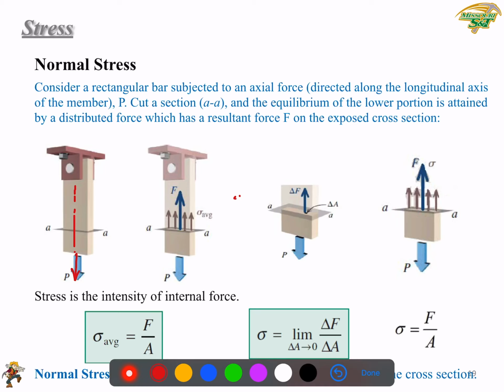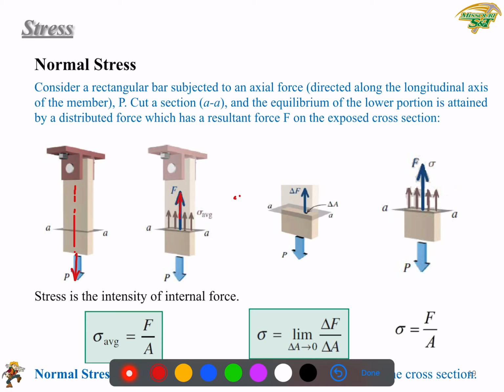Then cut the cross section at AA. The cross section is shown here, and the equilibrium of the lower portion is attained by a distributed force, which has a resultant force F on the exposed cross section, and the F is here.